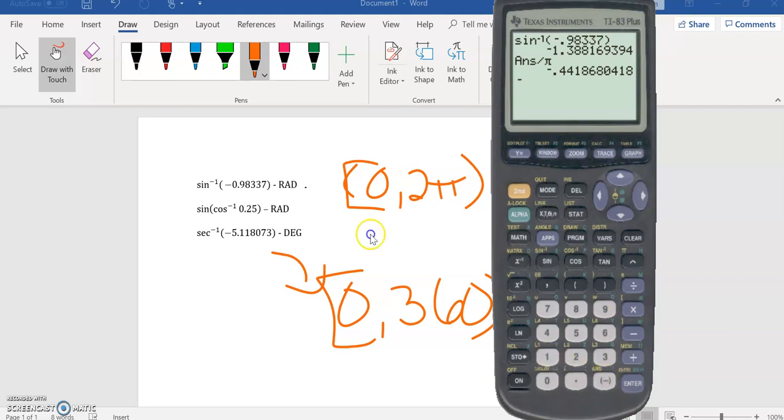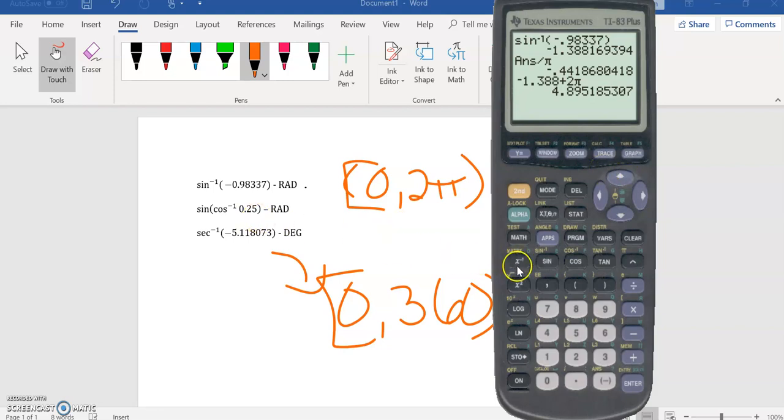So I'd probably do negative 1.388 plus 2 pi. Kind of get it a lap forward here. Then I look at that and go, okay, that's within my first period. So that would be probably the answer they're looking for. So that's definitely something to consider as you're doing it.